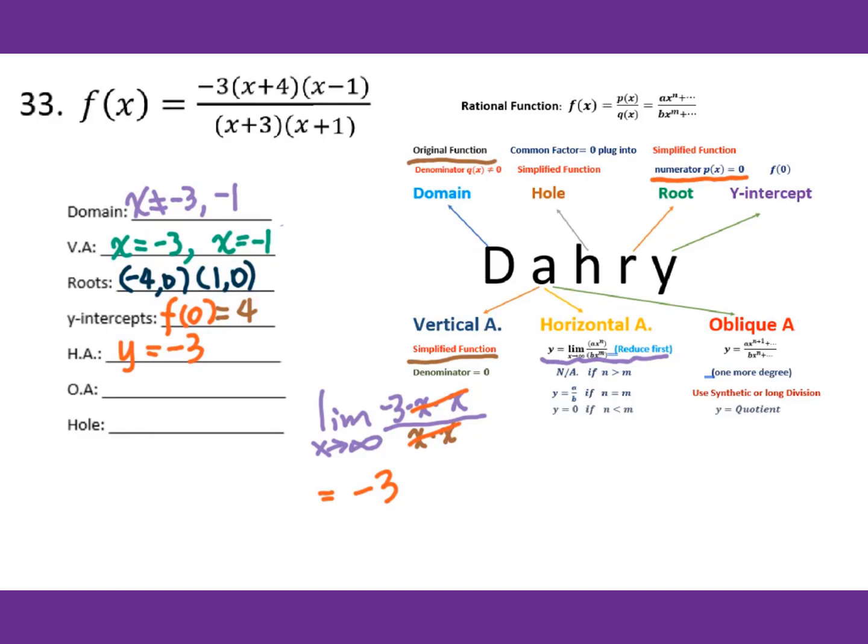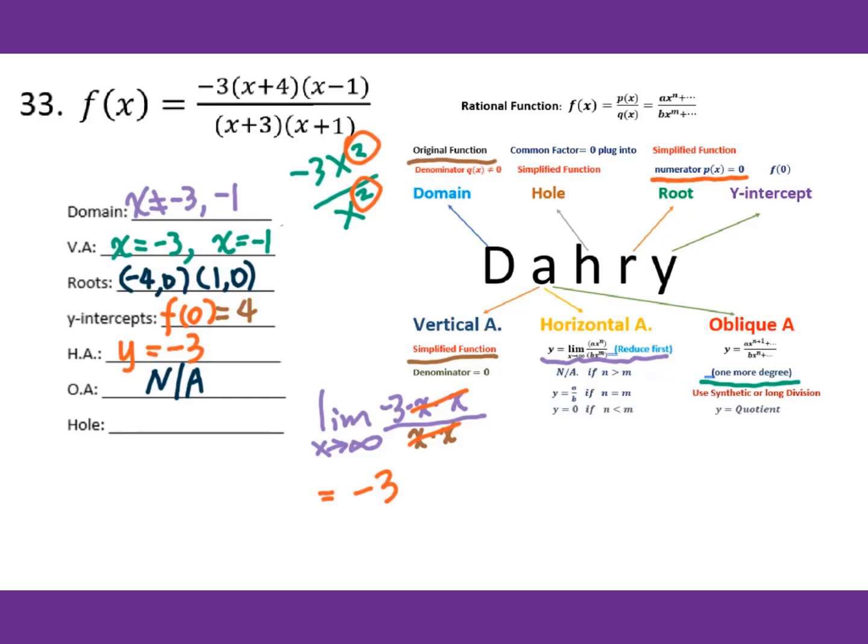Oblique asymptote line, the keyword is 1 more degree. Since -3x squared over x squared, the exponents are the same, it's not 1 more degree. Therefore, oblique asymptote is not available.